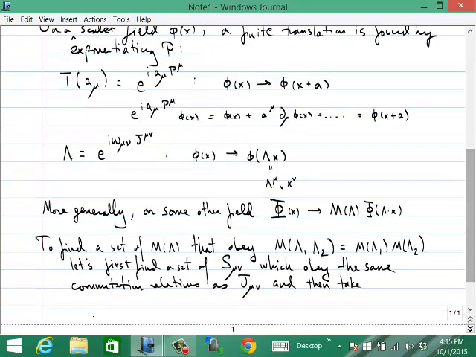And we then take M of lambda to be e to the i omega mu nu S mu nu. Okay.